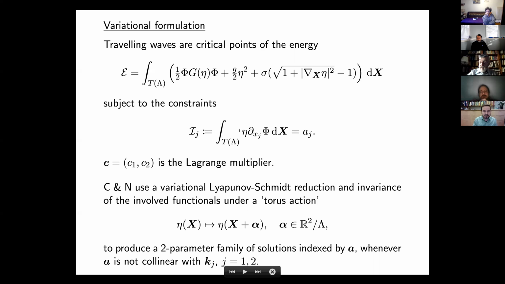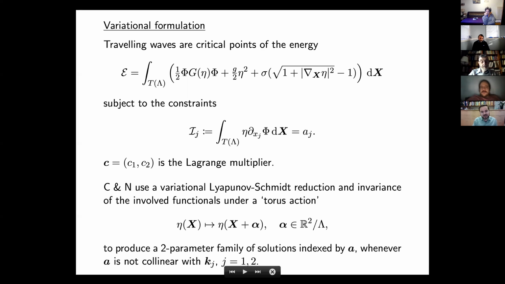And actually you could do a bit more. You can also use the translation invariance, which I mentioned before. This gives an invariance under what they call a torus action. That's just a fancy way of saying that, okay, you have translation invariance, but due to the fact that we're assuming periodic boundary conditions, we can essentially identify this translation with living on a torus. So they do that, and you still have a constrained variational problem.